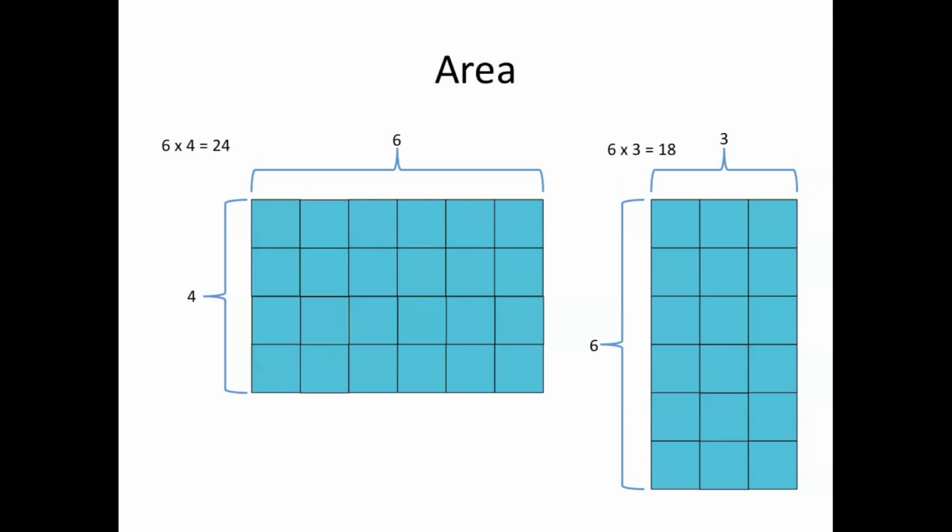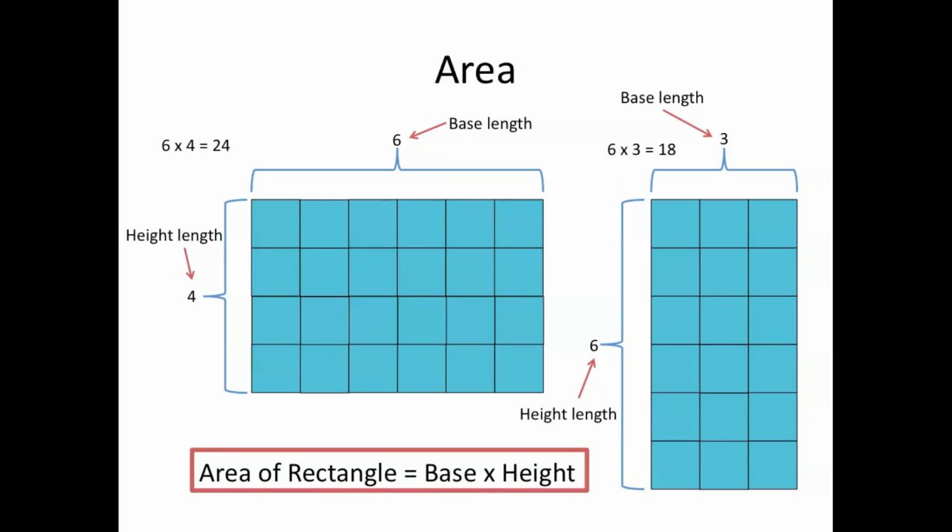Now if you notice, a faster way of finding the area of both these rectangles was to just count how many boxes go along each side and then multiply them. So if we want to generalize the area, then we can call, for example, this side the base length and this side the height. And to find the area, all we did was multiply the height and the base. So that gives you the area of a rectangle is base times height.